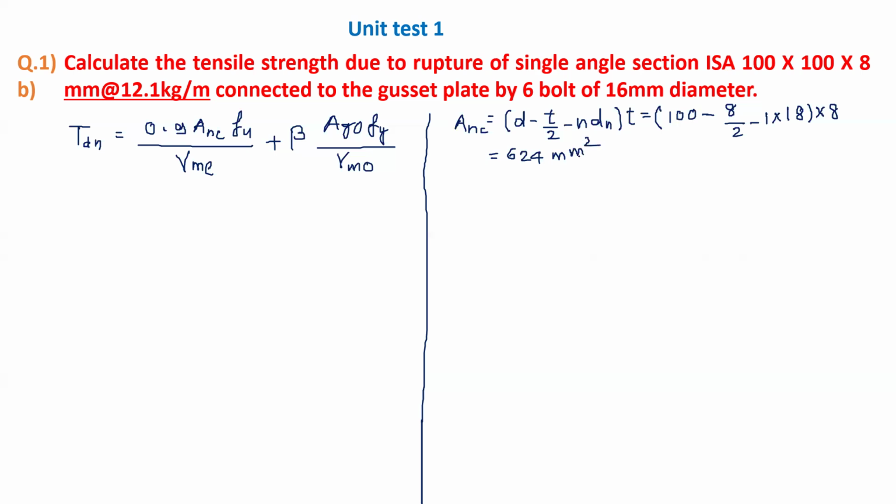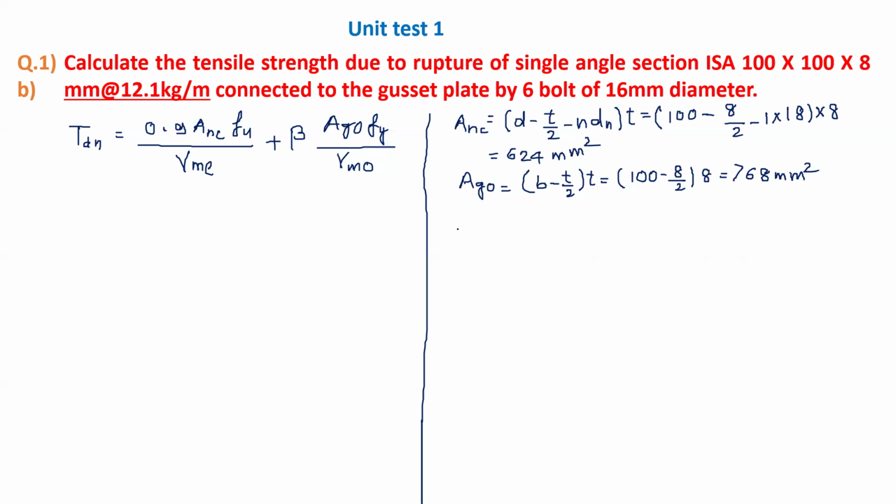Now go to A_go. A_go is equal to (b minus t by 2) into t, so (100 minus 8 by 2) into 8, and we have this value 768 mm square.